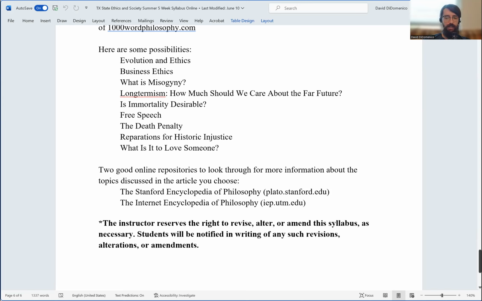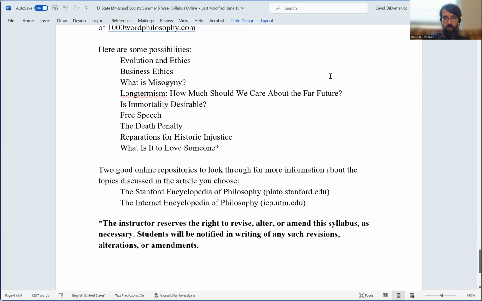So you have to go to these internet archives where actual professionals explain what's going on in many of these areas, many of these topics that you might choose from.